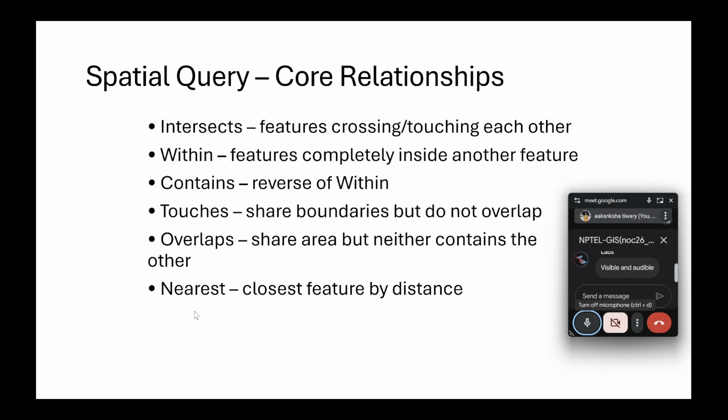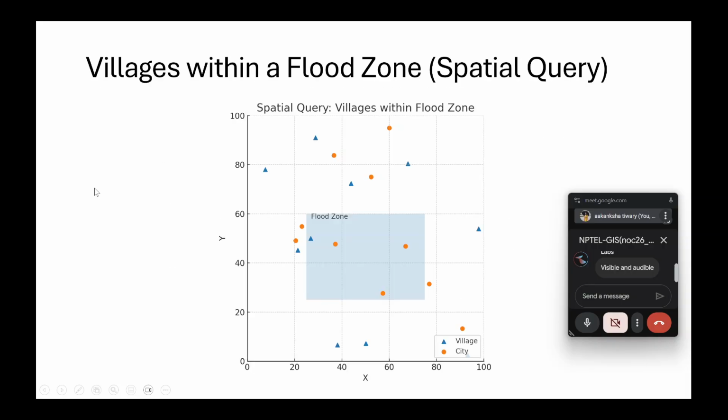That is basically dependent on the location, so that is why it is called spatial querying. Suppose you want to know how many villages are within the flood zone, this type of querying is spatial querying. You can see, if this is the flood zone, which villages fall into this flood zone area. Okay, so this is spatial querying.